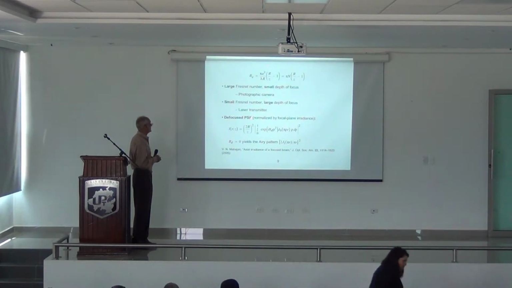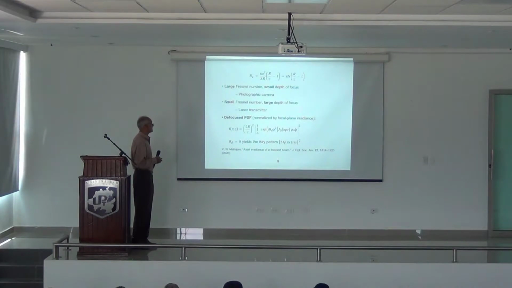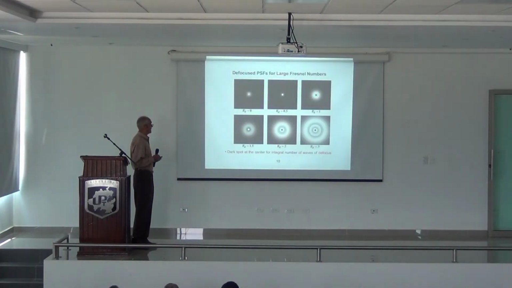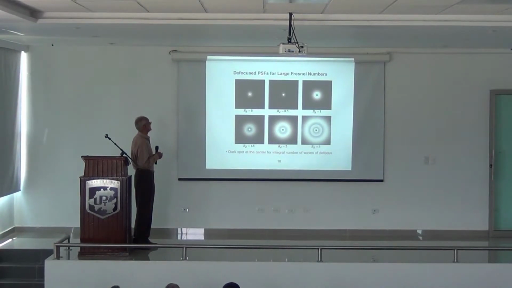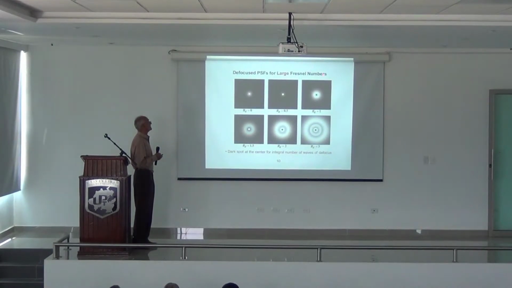Defocused PSF. Now I have replaced that pupil function P by e to the i B sub D rho square, where B sub D is the defocus phase aberration, and J0 is the zeroth order Bessel function. If I let B sub D equal to 0, we get back the Airy pattern. Defocused PSF for large Fresnel numbers.